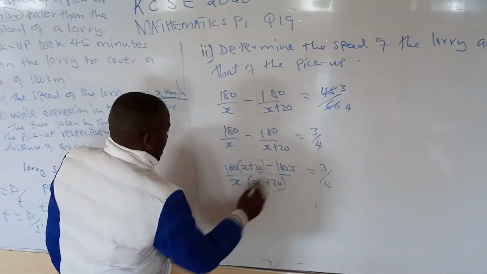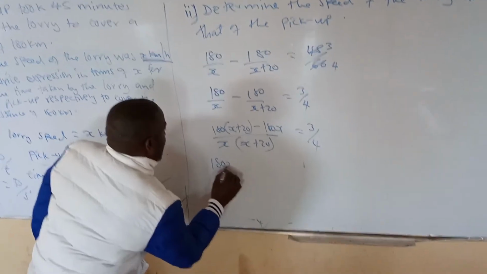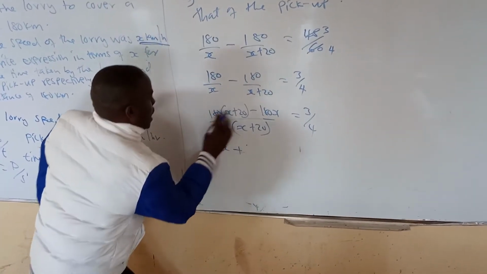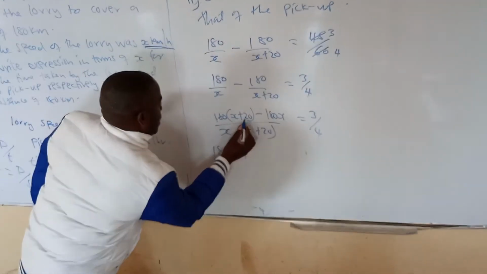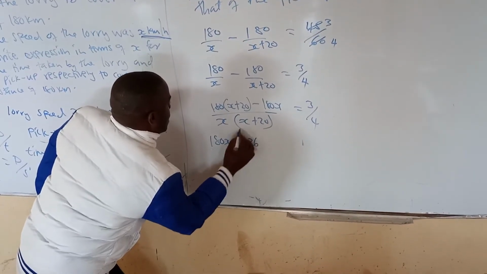Now we open the bracket here, we will get 180x plus 180 times 20, which is 3600.